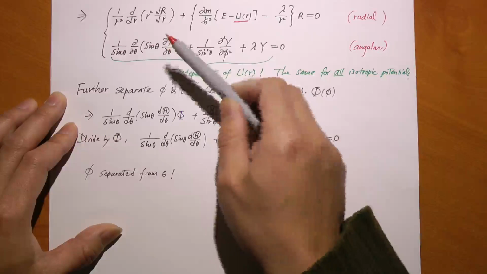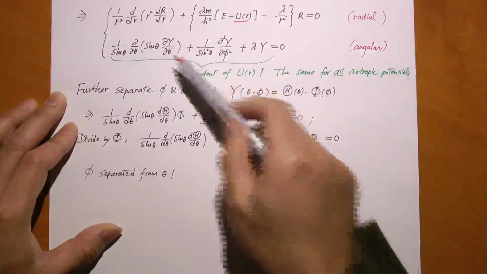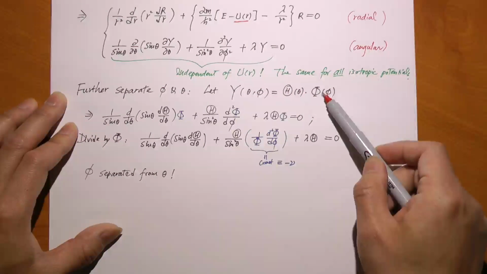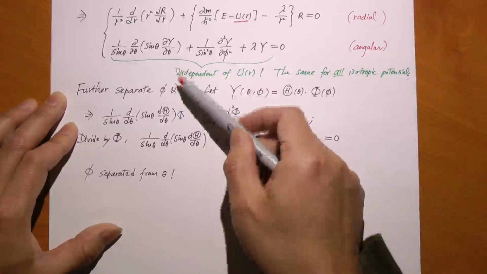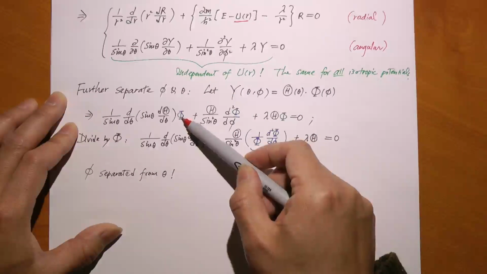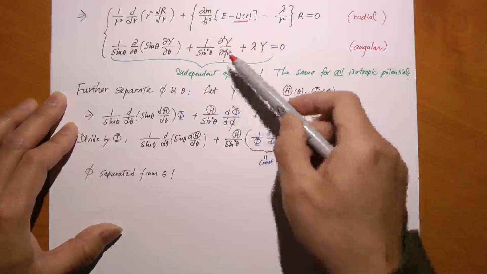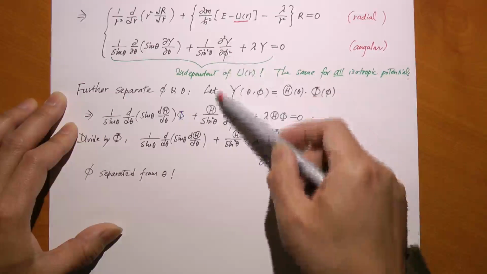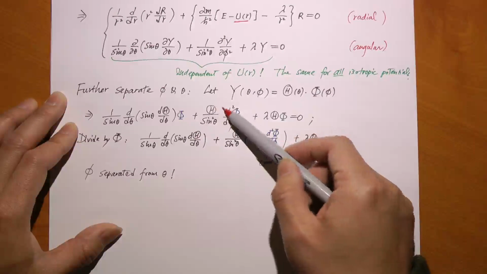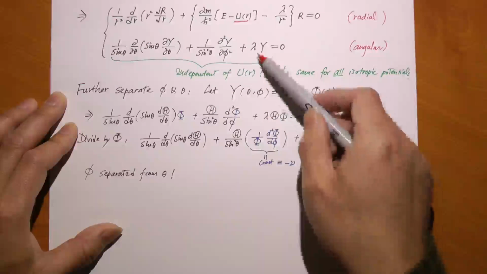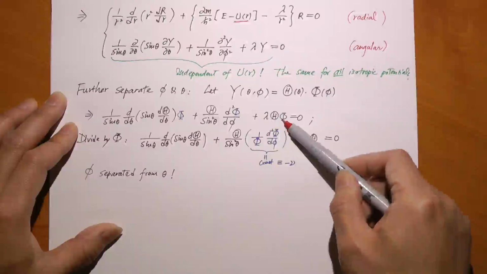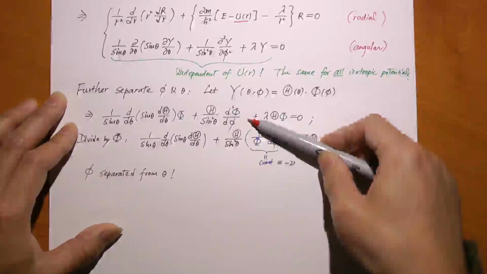The first term, I only have to take the derivative with respect to the theta function, because phi has nothing to do with partial theta, so I take it out. I use the blue letter for phi. And in the next part, I only take derivatives of phi, and therefore theta comes out. It's just a constant. And then the next one, lambda Y is theta times phi, right here. So that's equal to 0.